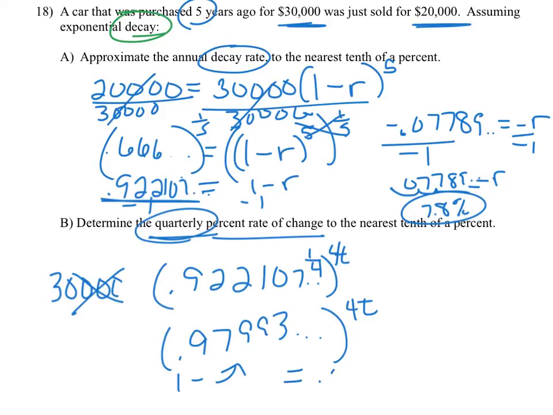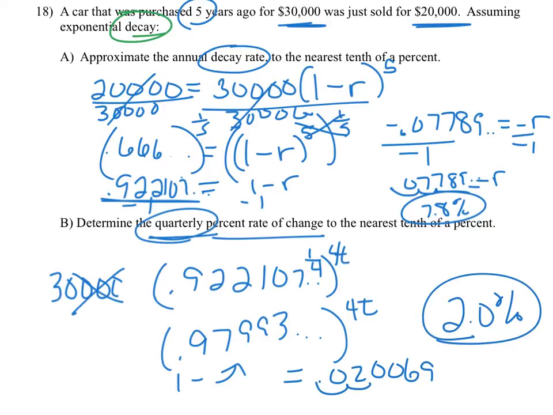And I get 0.020069. Move it over 2, and it's 2.0%. So you lose 2.0% every 3 months, and 7.8% for the entire year.